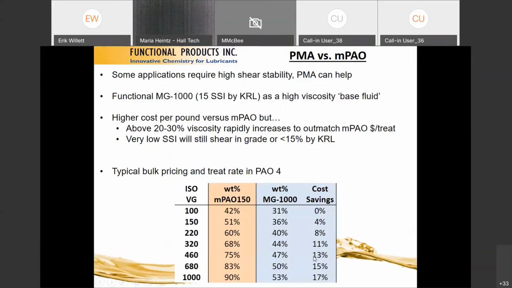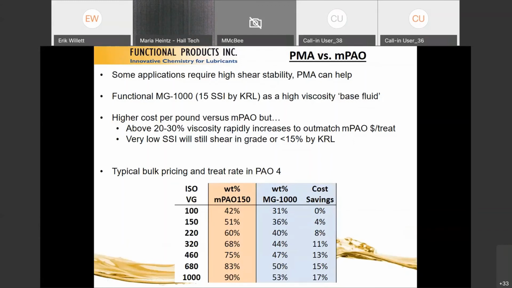So this is an important point to consider for many other applications: the thickening efficiencies, or the economics, might look different at the low viscosity. I'm not showing you below ISO 100 where the cost savings favor the mPAO, but the situation can flip, where above ISO 100 we're saving costs by using the MG1000 and making something that shears within specification.